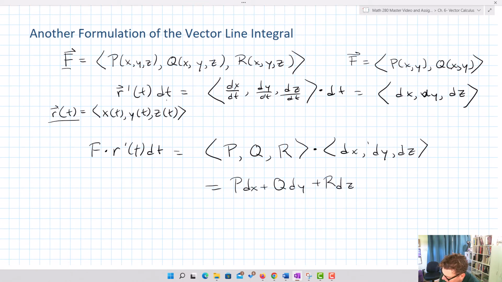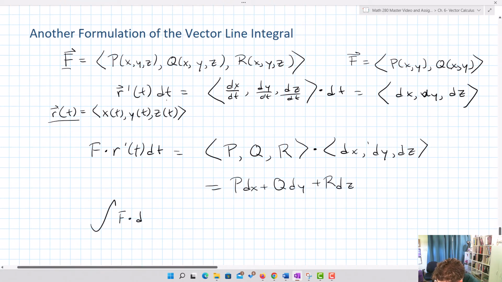And so my line integral, the integral of F dot dr, which is how we've been formulating this, is going to equal the integral of P dx plus Q dy plus R dz, all three of these over this curve C.